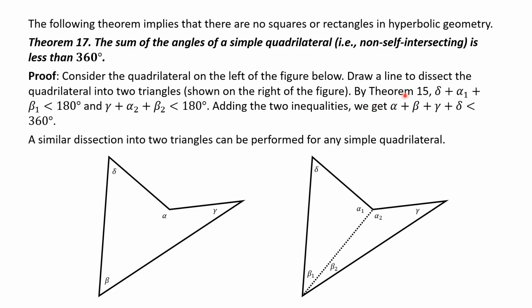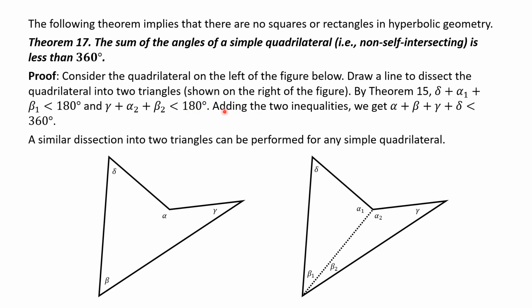Then by theorem 15, the angles delta plus alpha sub 1 plus beta sub 1, in other words, these three angles, add up to less than 180 degrees. And then these three angles here, gamma, alpha sub 2, beta sub 2, add up to less than 180 degrees.